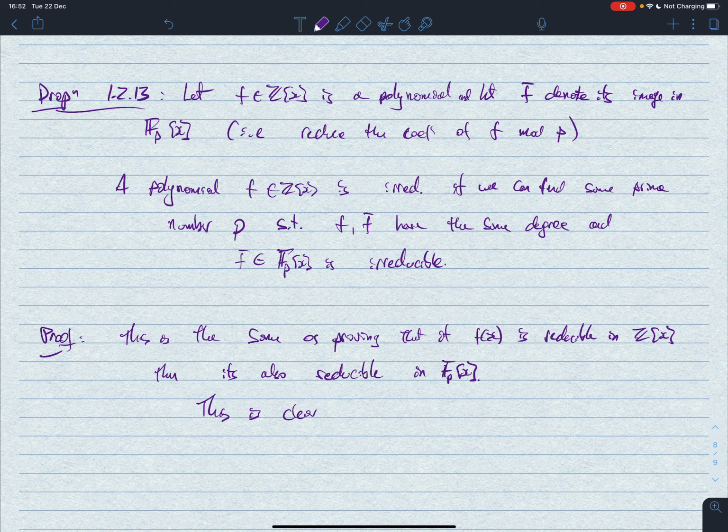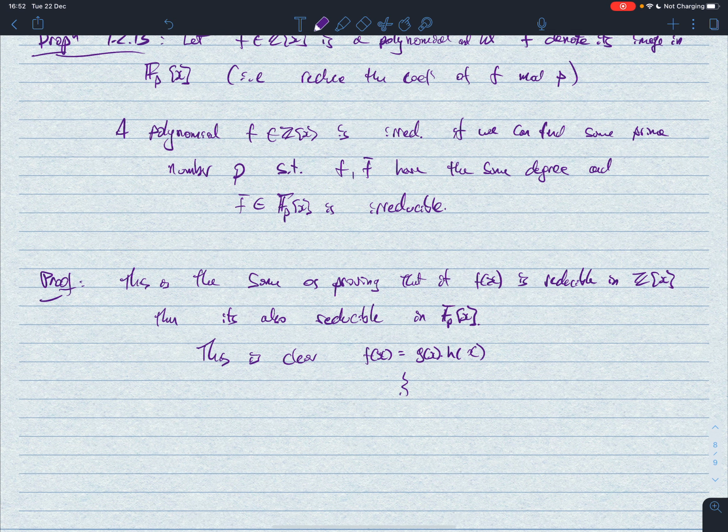Clear because imagine if I could write f(x) as g(x) times h(x). Then if I go through and just reduce all of my coefficients mod p, I get f bar(x) is going to be g bar(x) times h bar(x).